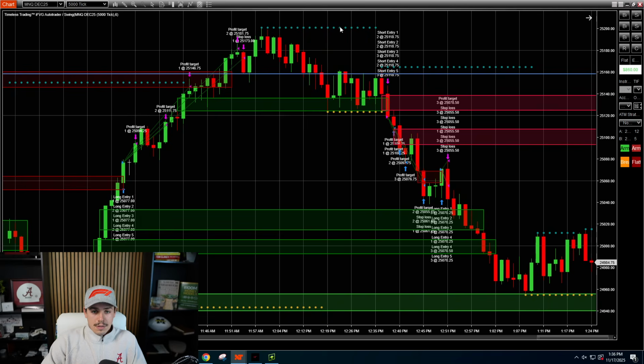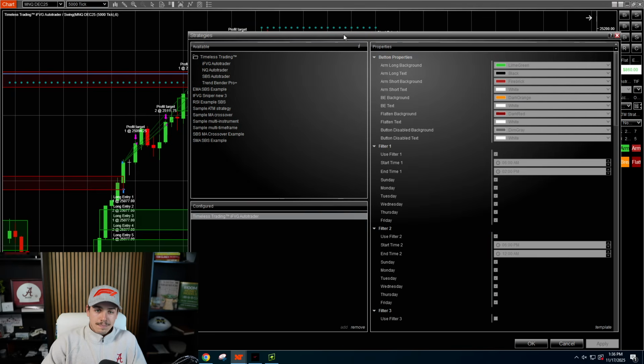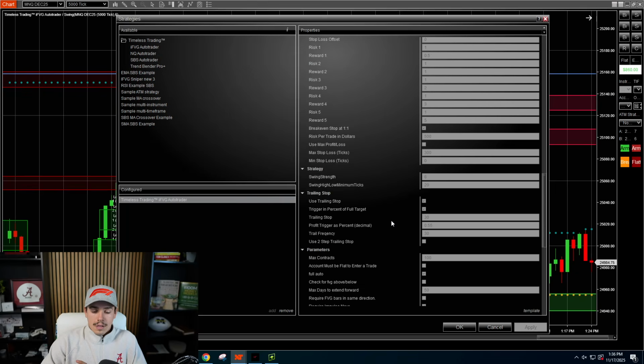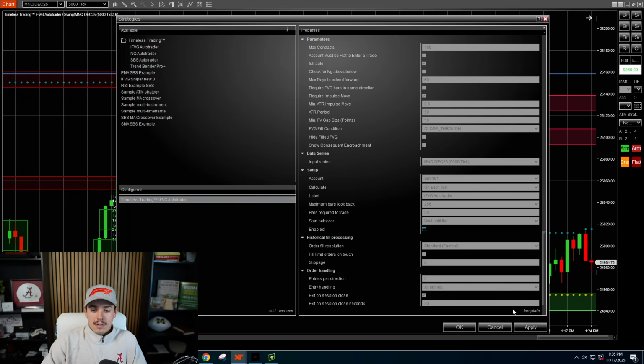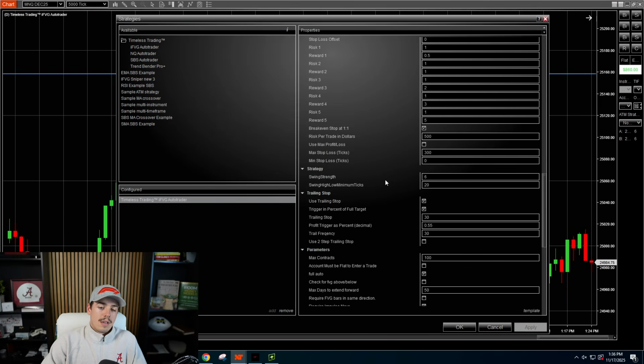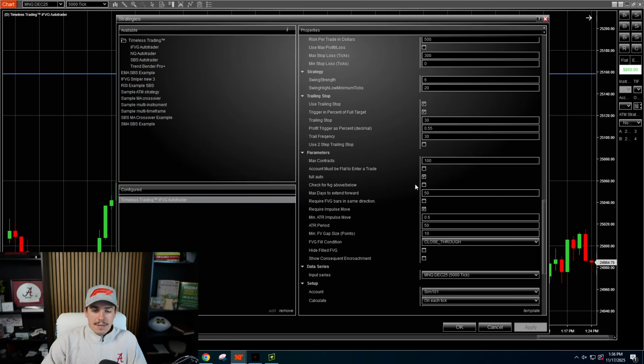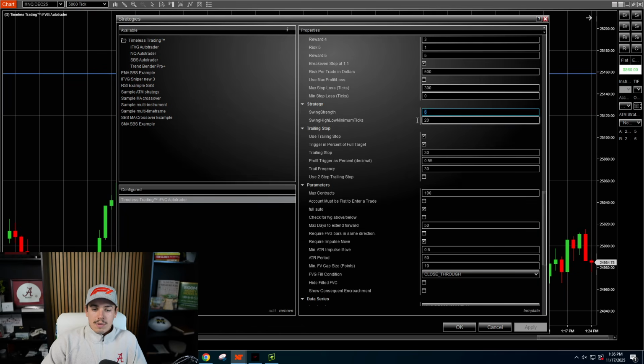There's lots of things you can tweak in the system. You can use it on NQ, you can use it on ES, YM, and there's tons of different ways you can tweak settings. I'm not going to jump into the settings too much in this video, but we have swing point settings. You can change where the swing points are being marked out.